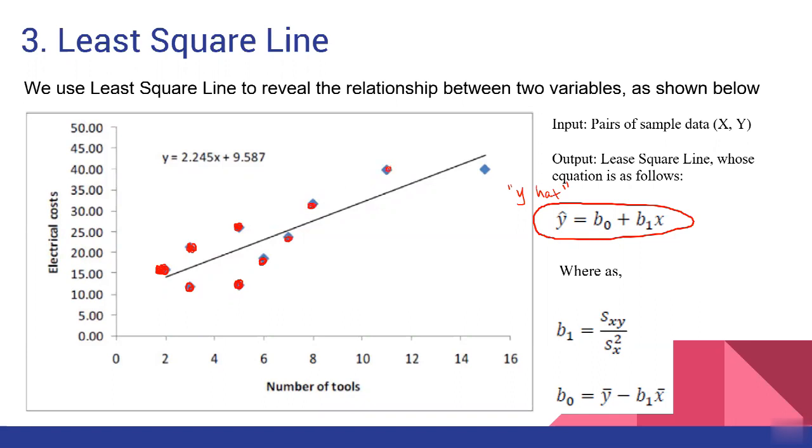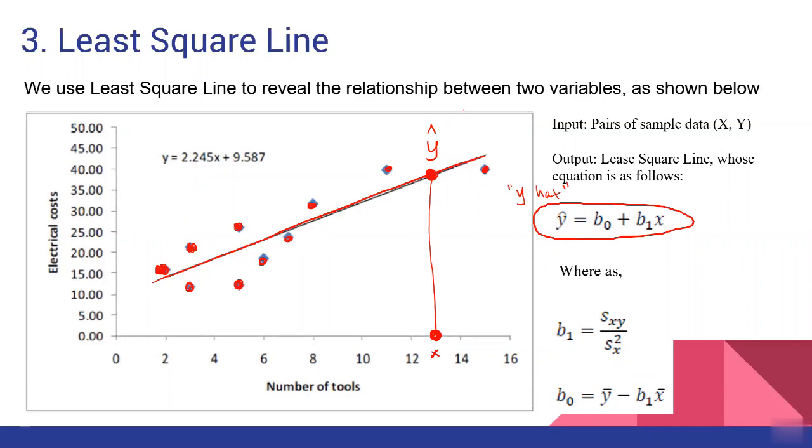If we first plot this data into the coordinates, and then find a least square line like this, then for an ungiven point, for any given x, we can find the corresponding y value here.